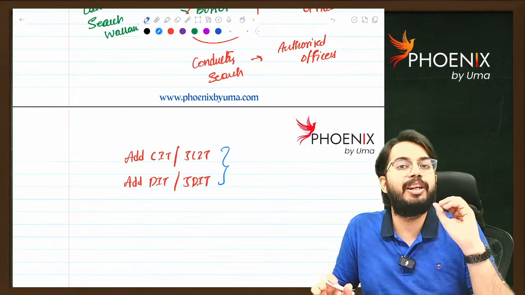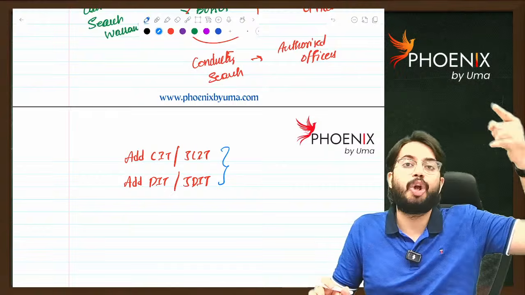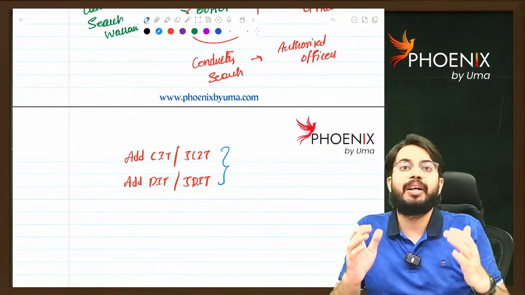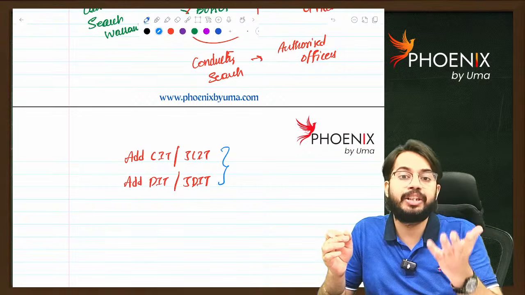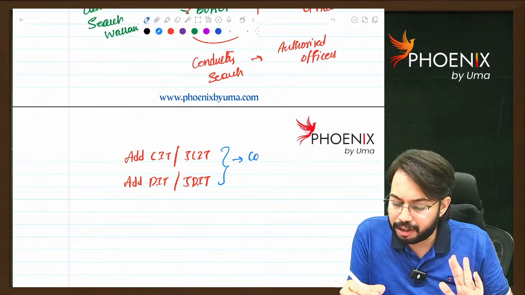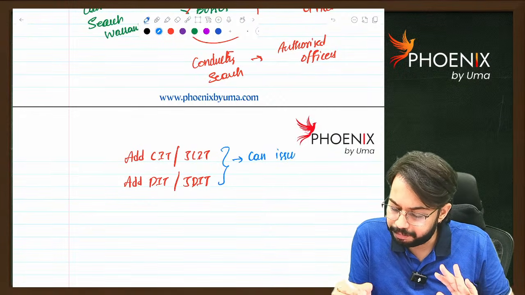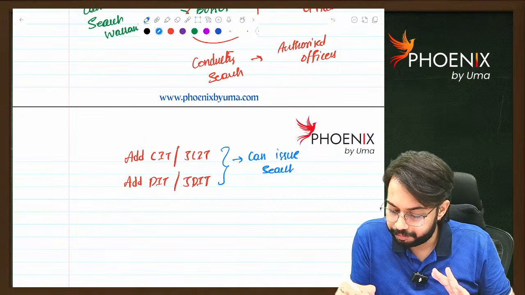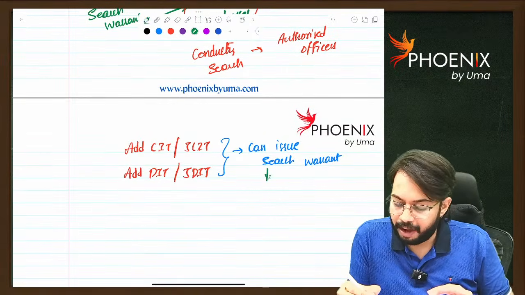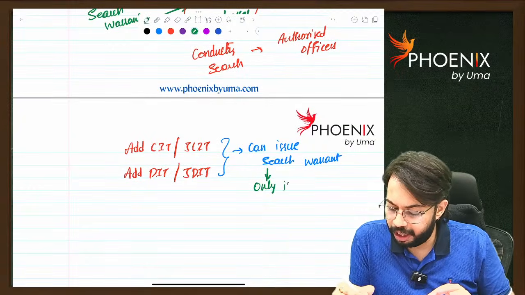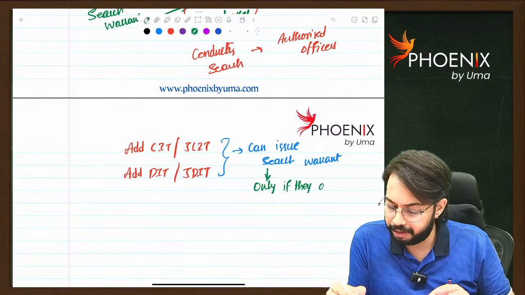Generally search warrant will be issued by bosses or top bosses. But whoever are assessing officers, additional commissioner, joint commissioner, additional director, joint director, they also can issue search warrant only if they are empowered by CBDT.